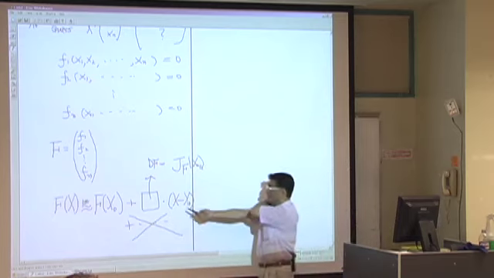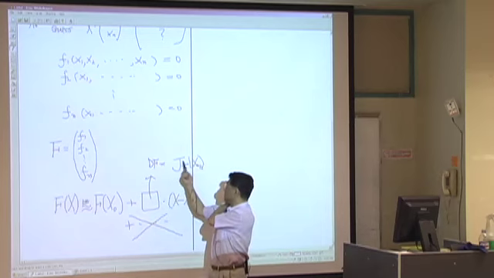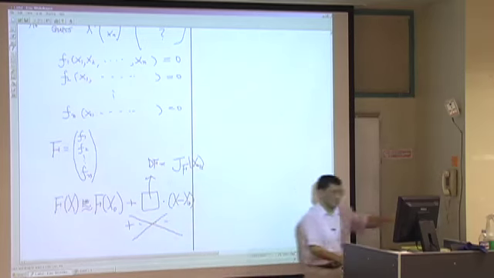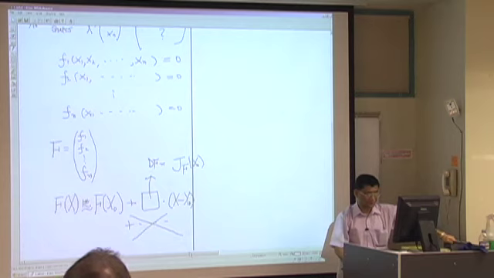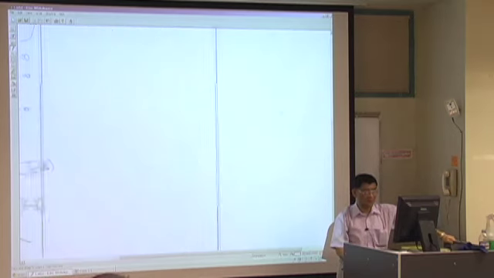So the derivative in this case is the Jacobian, and the Jacobian will be defined very soon. Any questions up to this point? Just Taylor expansion and Jacobian.